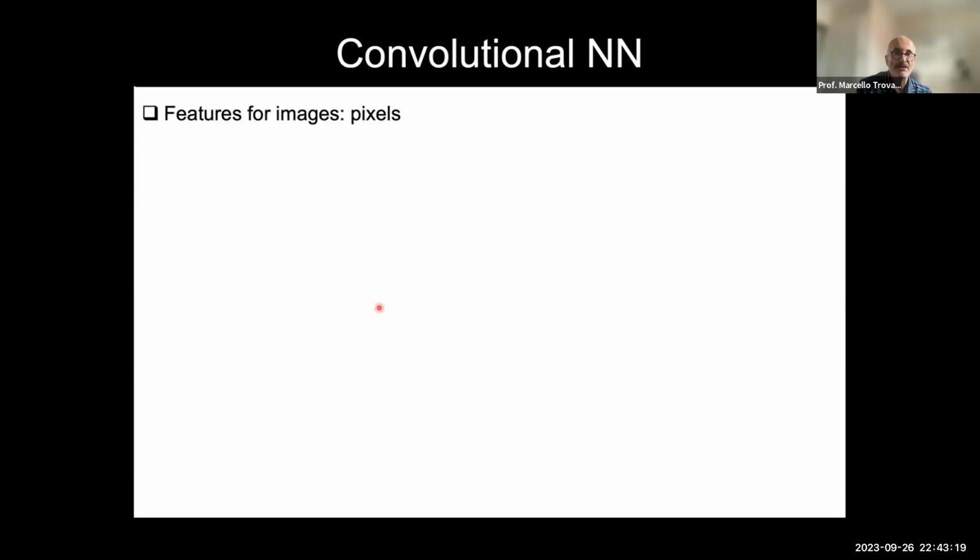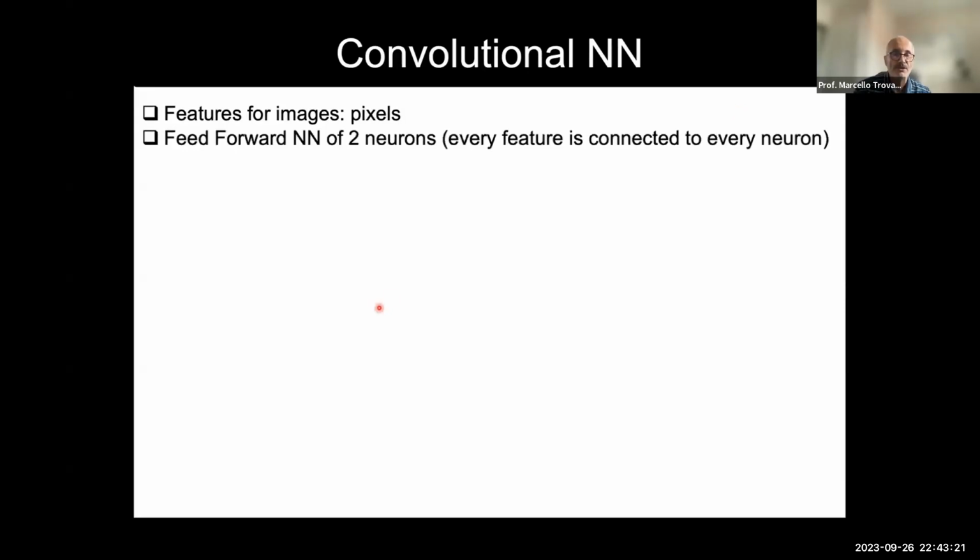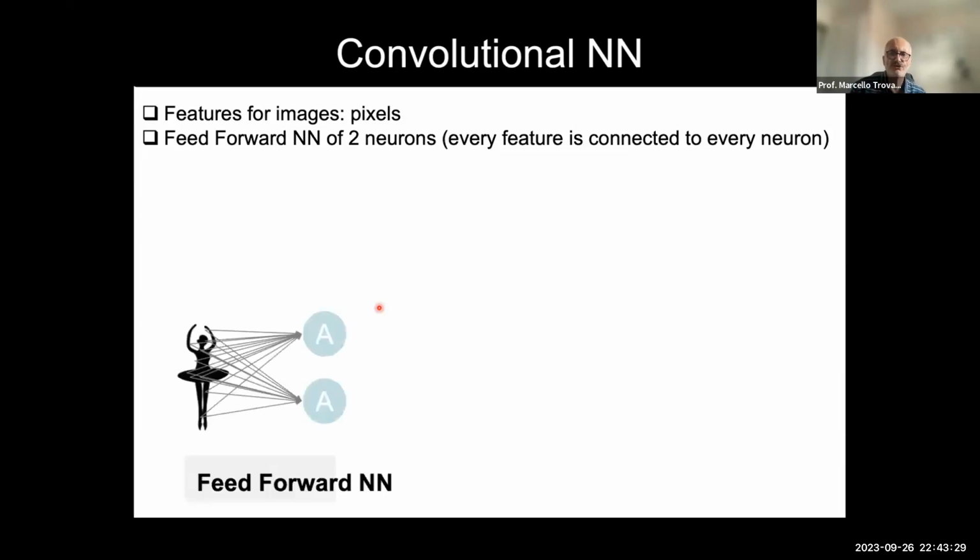So we have pixels, so we have images. Consider two cases. The first one is the feed-forward neural network, just using neurons. We have a ballerina, and every single pixel will be fed into each of the neurons. Every single one of these lines will have a weight.